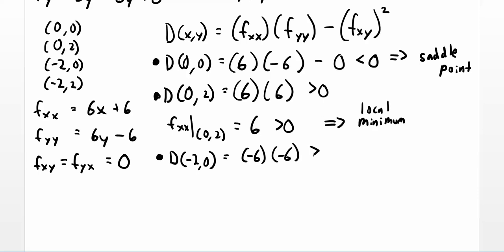And this is a positive number. It means we have to do a bit more work, so we check the second partial at x again at the new critical point. Again, we already found this. This was negative 6, which is a negative number. When you have a positive discriminant and a negative number, that means a local maximum.